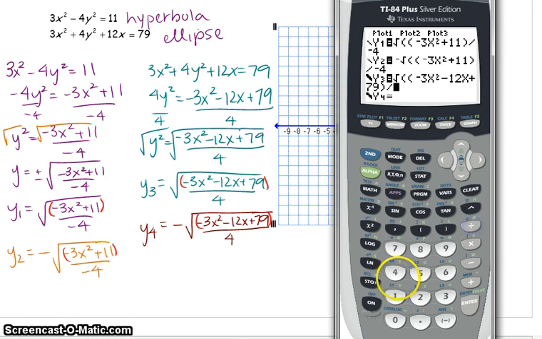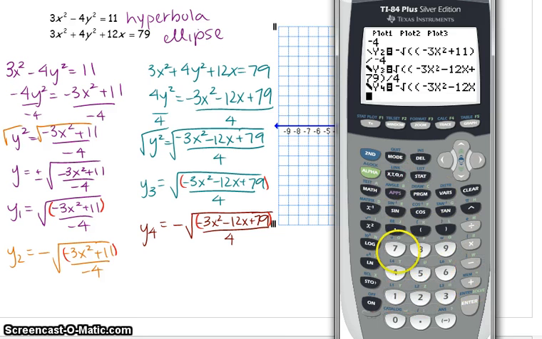Close your square root, divided by 4. And then your last one, negative square root of parenthesis, negative 3x squared minus 12x plus 79, close parenthesis, divided by 4. Okay, so make sure all your equations look like this in your calculator.